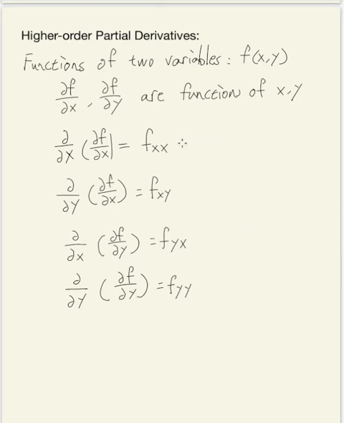Sometimes you can also write d squared f over dx dx, and this is dx dy, and dy dx.